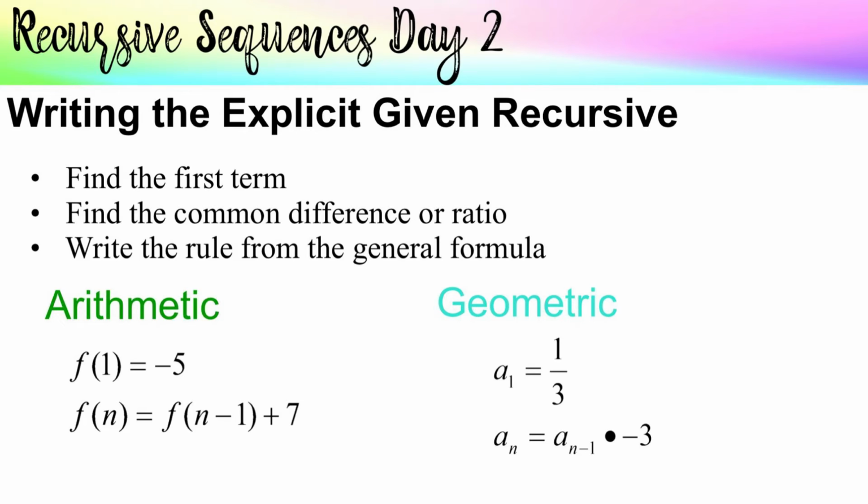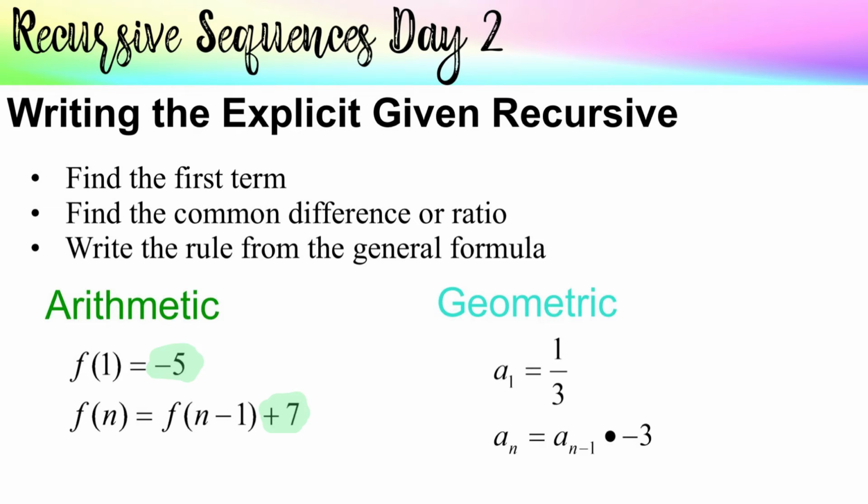So, looking at this first example here for arithmetic, we see that our first term in our sequence is -5, and you can see that we are repeatedly adding 7 to our previous term. So if we wanted to write our explicit formula, remember that is given to us on our reference sheet.